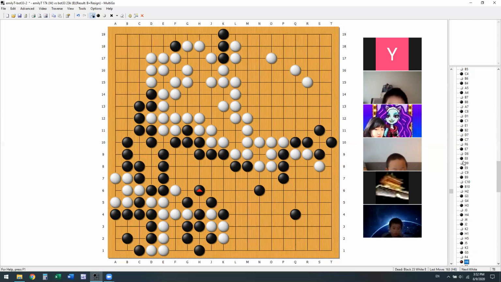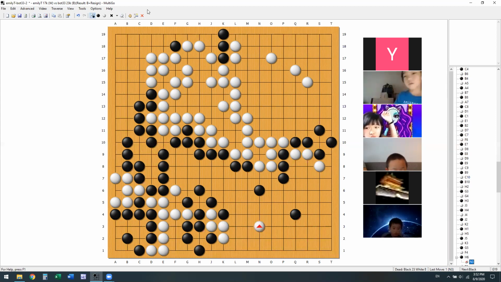Emily, if you play this game again, where would you go to make this one space a little bit bigger? Yes, if I were you, I would go somewhere like here, a 2-space extension, or even a 3-space extension. Now there would be some space here.